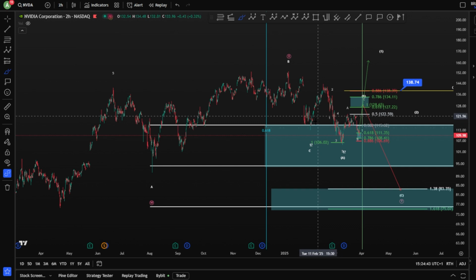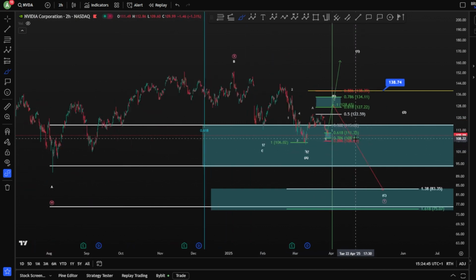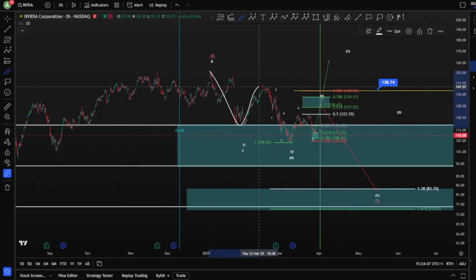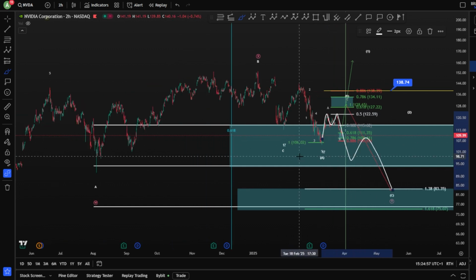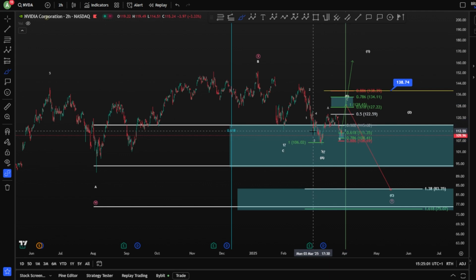Now, basically, if we are looking at something like this, 3 waves down, you're looking for 3 waves up. Now, if this was more than enough as a corrective wave, it might be that it might unfold, of course, lower prices from now. Don't forget, this is a very corrective complex structure.